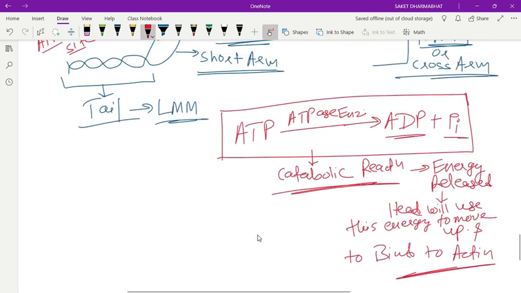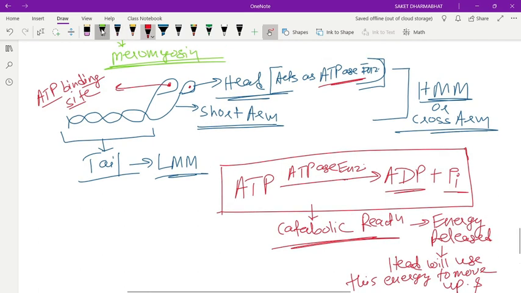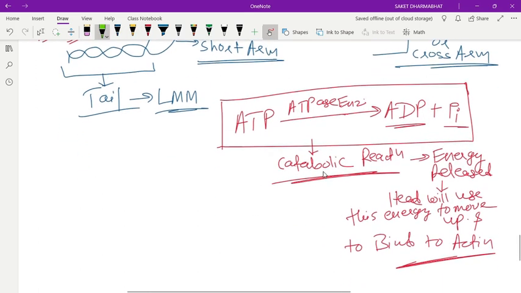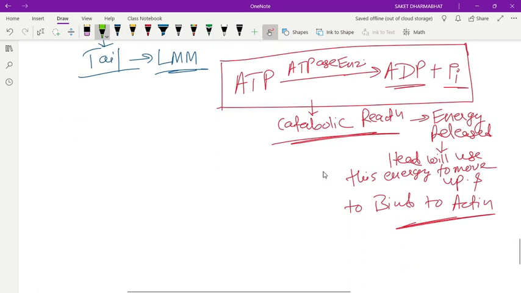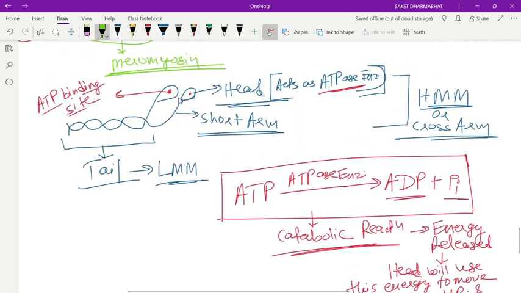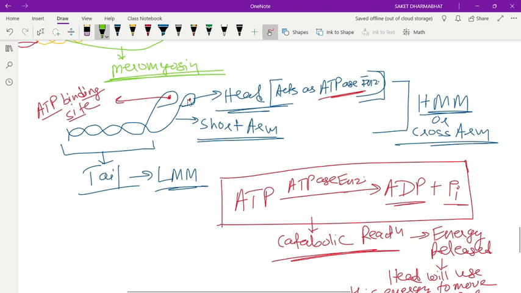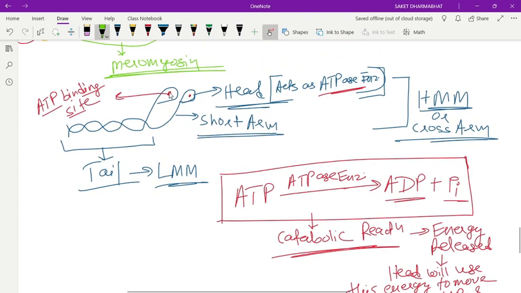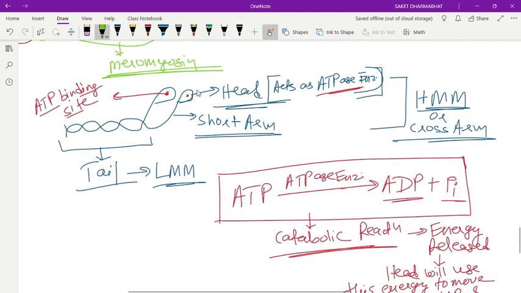Okay. This reaction will take place in the ATP binding site. Yes. Why? Because ATP will come and bind here, and this head itself is an ATPase enzyme. So what will happen? It will break down the ATP into ADP and inorganic phosphate.